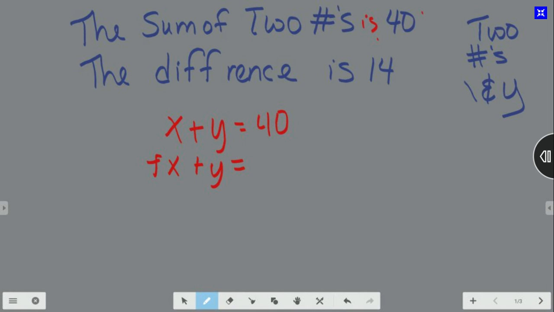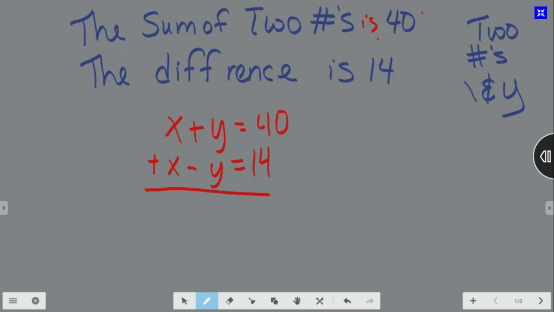Okay. Now, what does difference mean? Oh, subtract. There we go. All right, good. Plus sign. There you go. Good. Perfect. Yes? Did you set up your problem correctly? Yeah.